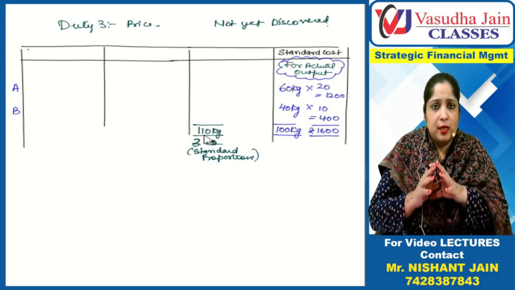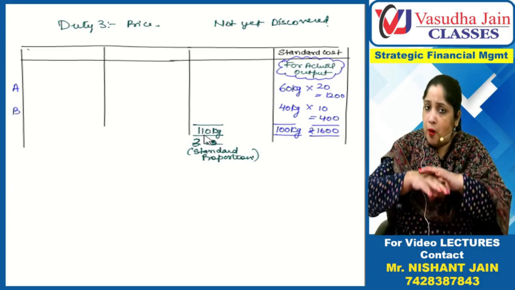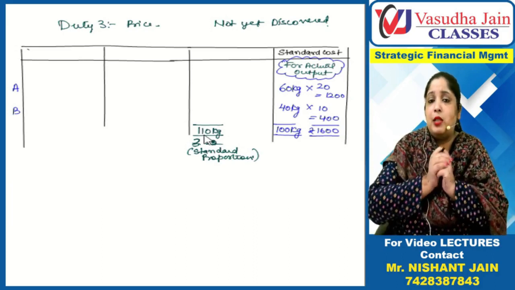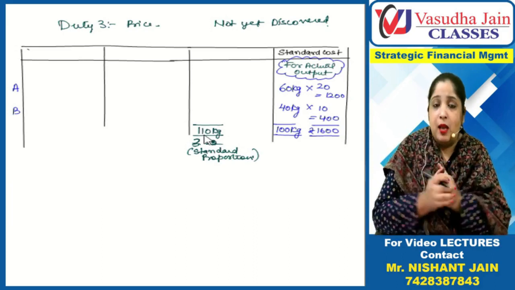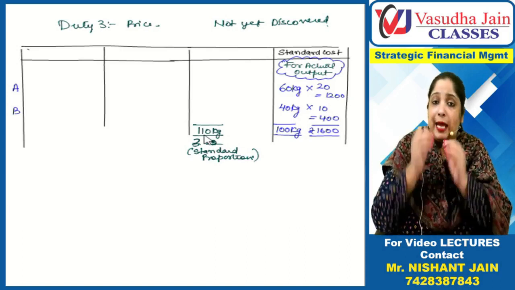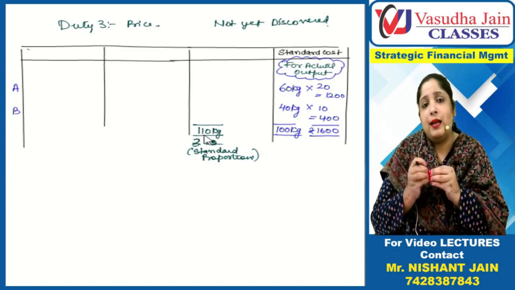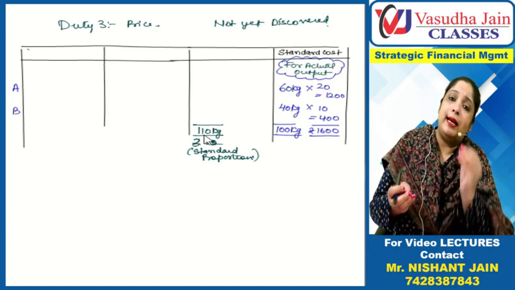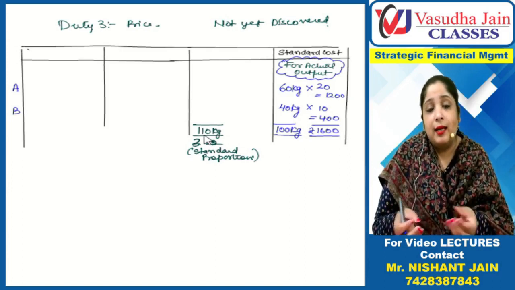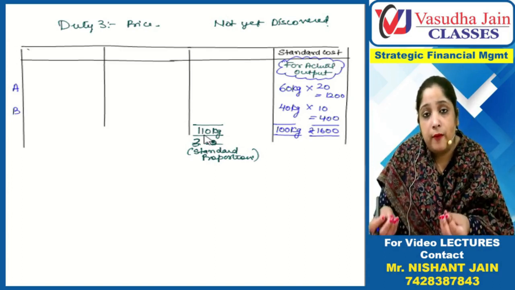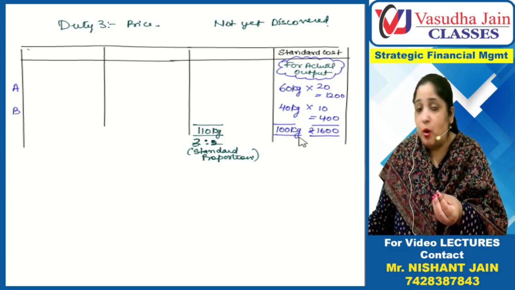Suppose my foreman has not made any mistake on the mixing, not made any mistake on the pricing. He has just made a mistake that instead of 100 kg he has used 110 kg. Can we check how much amount of money has changed because of his mistake?